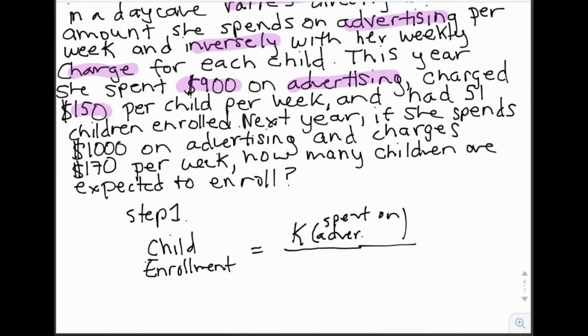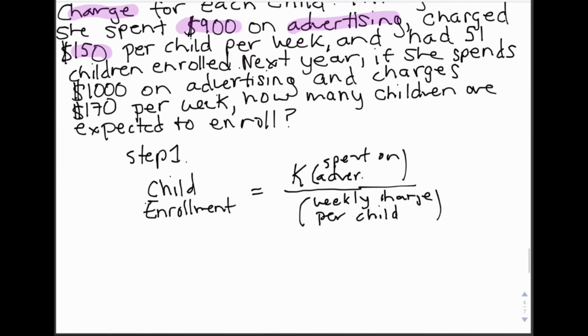So that's going to be on the bottom here, weekly charge per child. And this problem did not tell us square or cubed, so we should be good to go with this original setup.